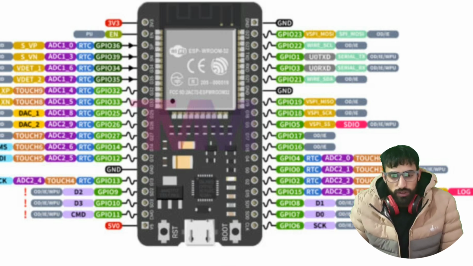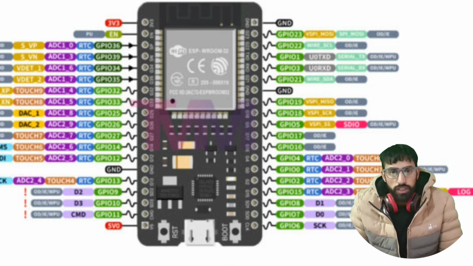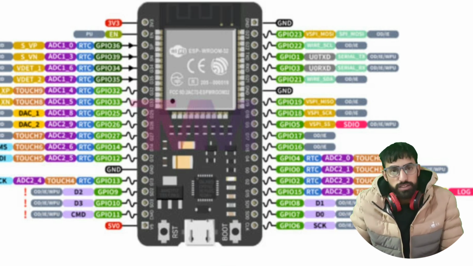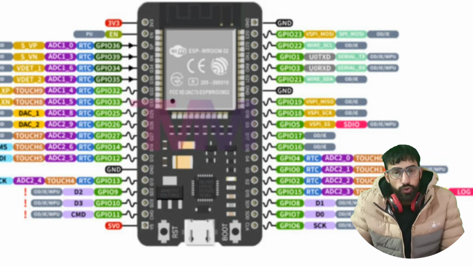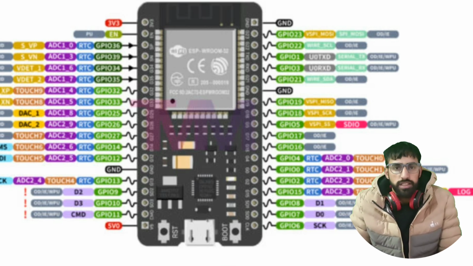If we talk about the 39 pin version, then pins 36 and 39 are extra. If we talk about the 35 pin ESP32, then you can use pins 34, 35, 32, 33, 25, 26, 27, 14 and 12 as ADC pins.